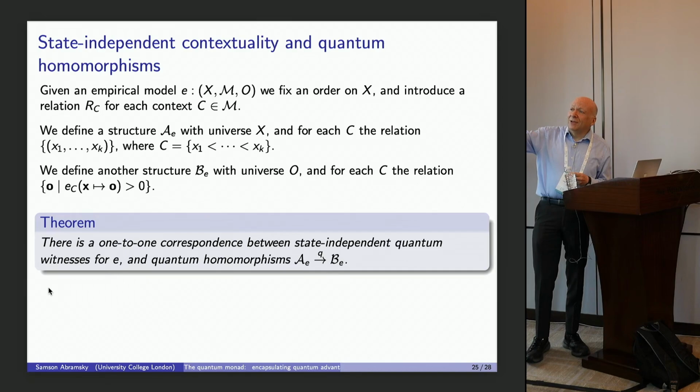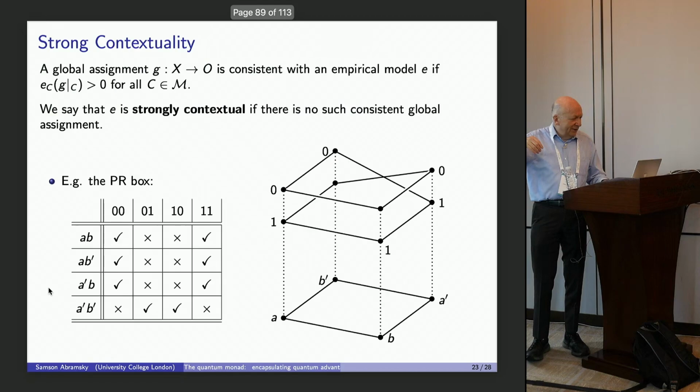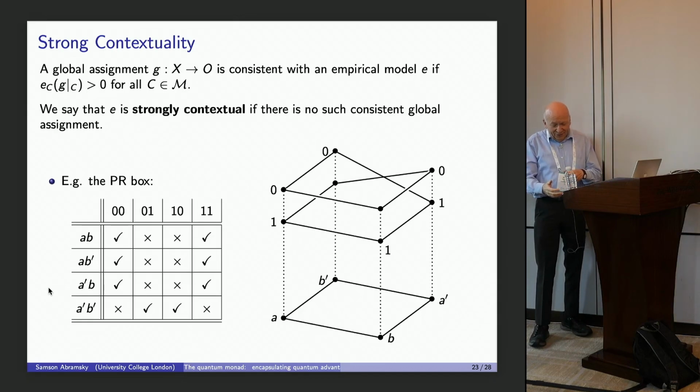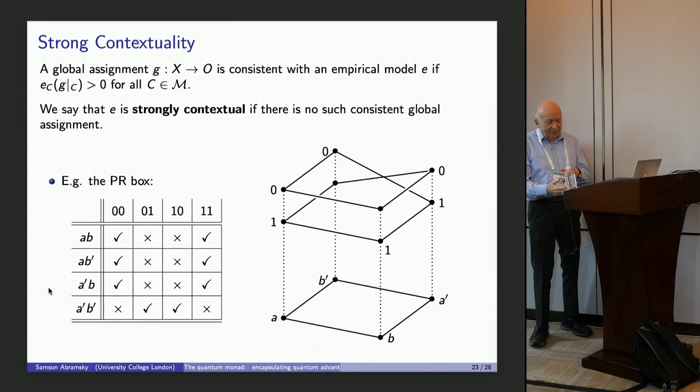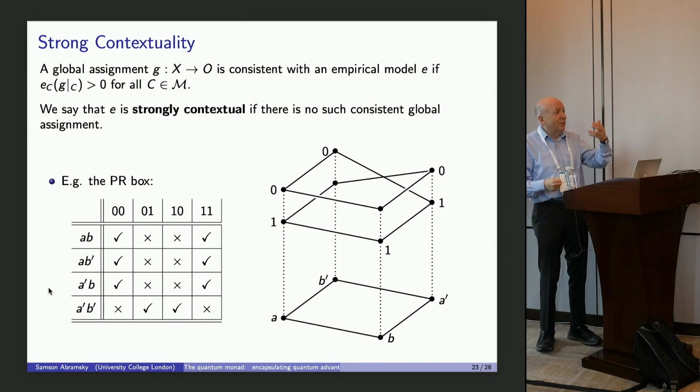Essentially, the idea is that having this single consistent assignment that we need to avoid strong contextuality is exactly like getting a satisfying assignment for a constraint satisfaction problem. It's fairly clear when we put it in those terms. We're assigning particular values to all the variables that have to be consistent with all the constraints we pick up from looking at the different contexts.